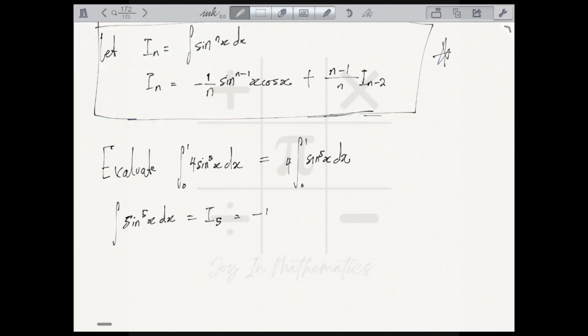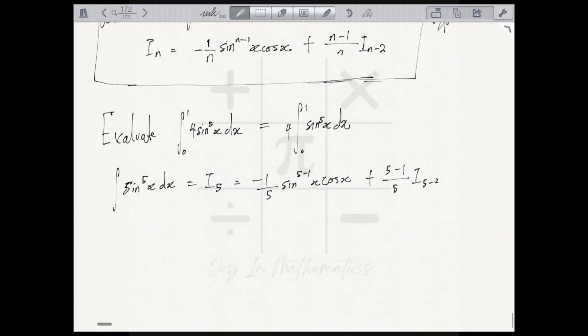This will give us minus 1 over 5 sine raised to power 5 minus 1 of x multiplied by cos x plus 5 minus 1 over 5 I subscript 5 minus 2. Therefore, our I5 will be equal to minus 1 over 5 sine 4 x cos x plus 4 over 5 I3.